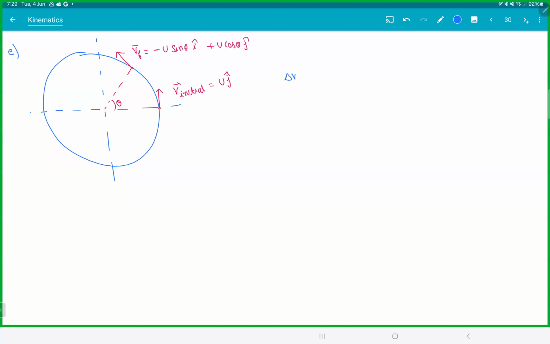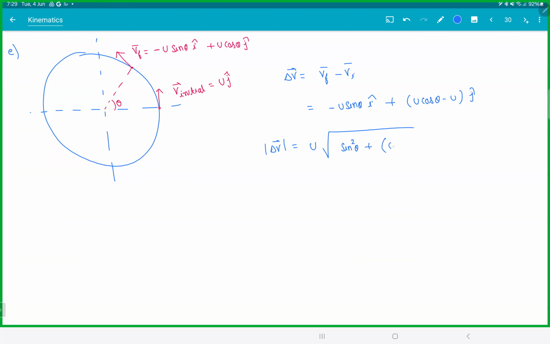First, let's find the change in velocity directly. This itself is a question: find the change in velocity. V final minus V initial. This would be minus u sine theta i cap plus (u cos theta minus u) j cap. Sometimes they'll ask you to find the magnitude of change in velocity. Again, the same story.